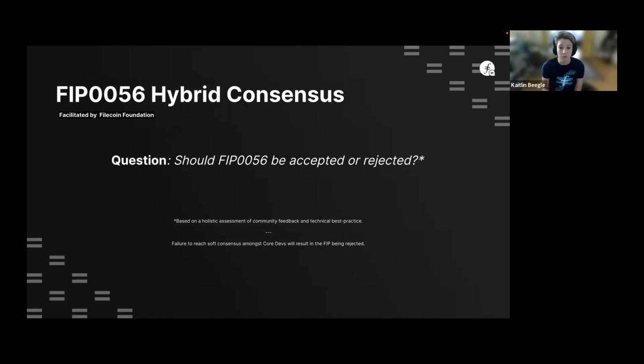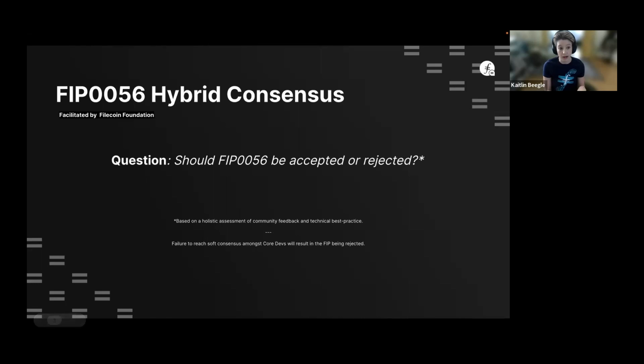FIP 56 is a crypto economic FIP, which means that there are some complexities to it that I think all of us are very well versed in at this point. What we've asked core devs to help with today is to holistically assess all of the conversations that have happened around this FIP to date, to think to the community conversations that you've had, the feedback that you've heard, and also the technical reviews that you've done of this FIP, to help assess whether it is in the best interest of the network to accept or reject the FIP.